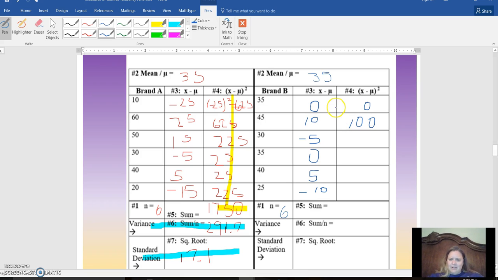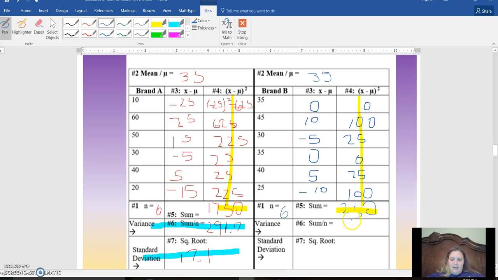You get your calculator out and do it. Negative 5 times negative 5 is 25. 0 squared. 5 times 5 is 25. Negative 10 times negative 10 is 100. Then I'm going to add that column up, and I get 250.